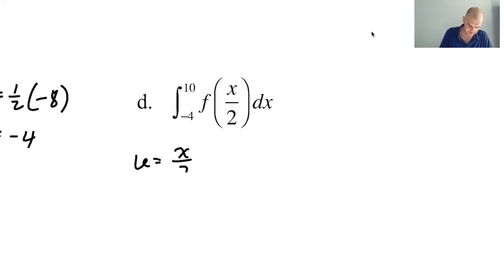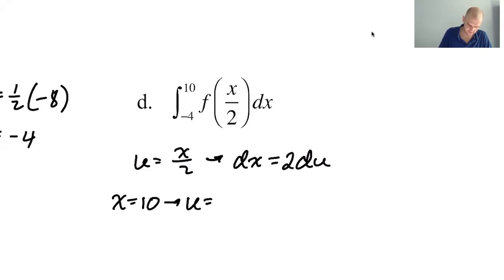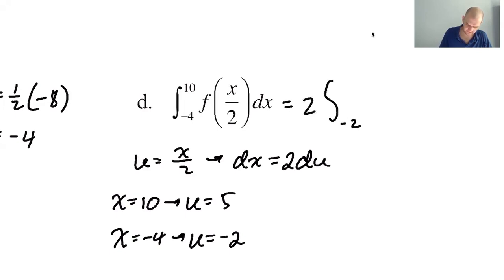u is x over 2, so 2u is x, so dx is 2 du. If x is 10, u is 10 over 2, which is 5. If x is -4, u is -4 over 2, so -2. So we're going to get 2 times the integral from -2 to 5 of f of u du.